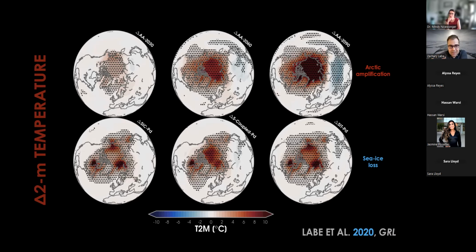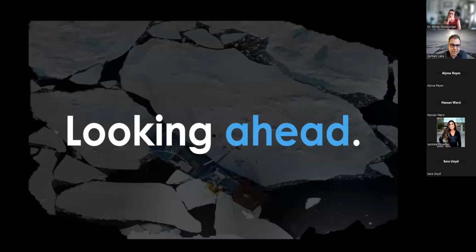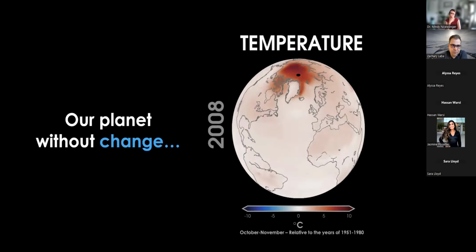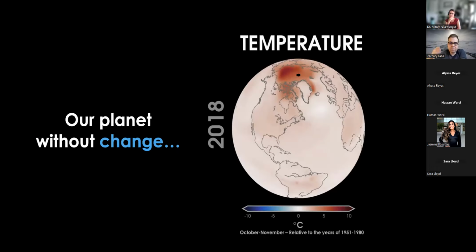So basically what this study wanted to do is try to understand how much of this is caused by sea ice versus temperature. And in this case, we found the temperature had a much larger role, even though sea ice is linked to it too.